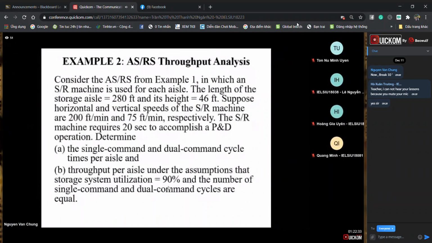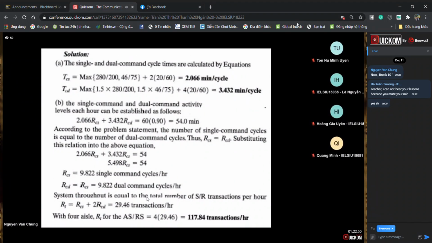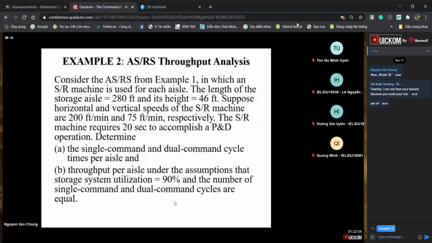The number of singles, so like that, you can find here the number of transactions.